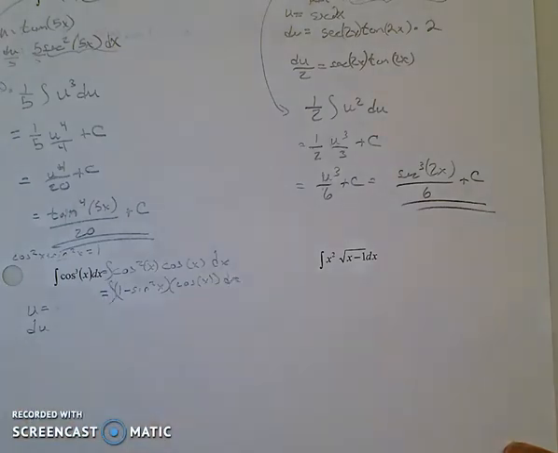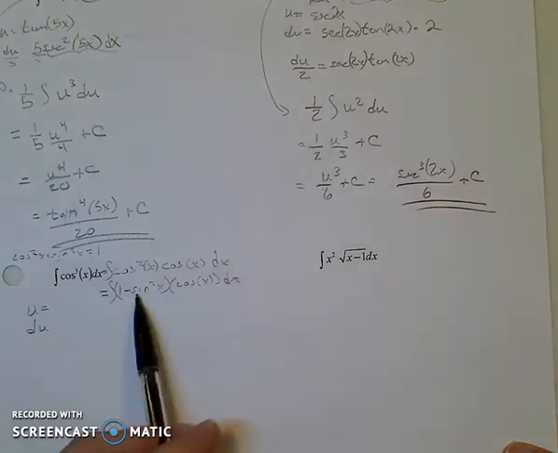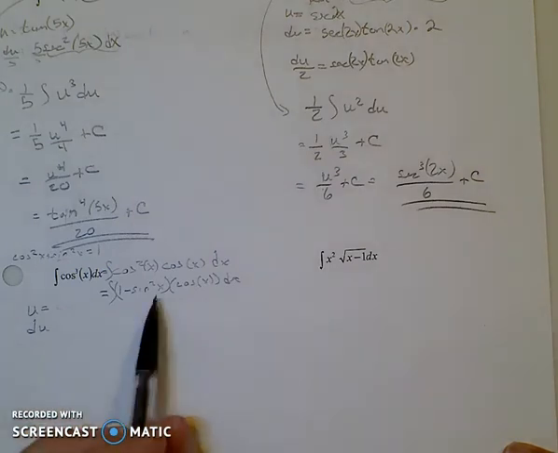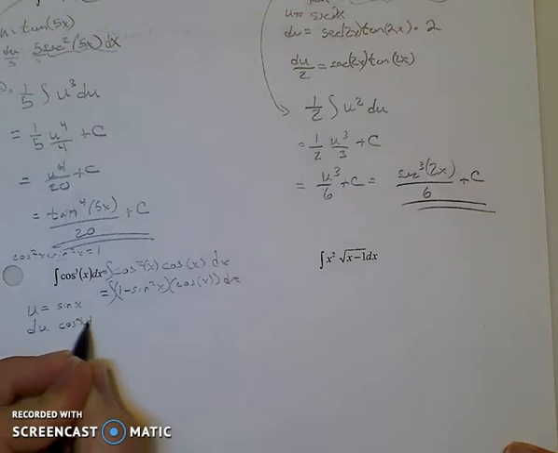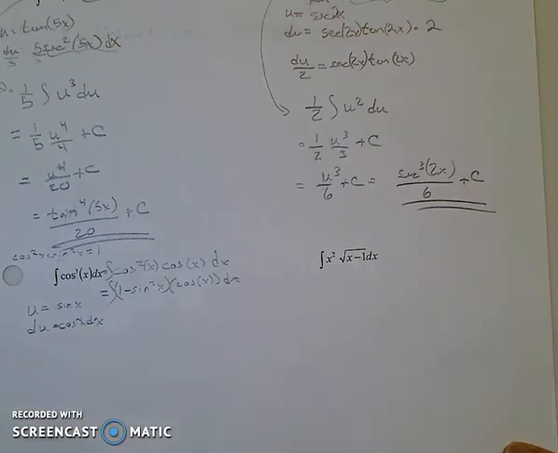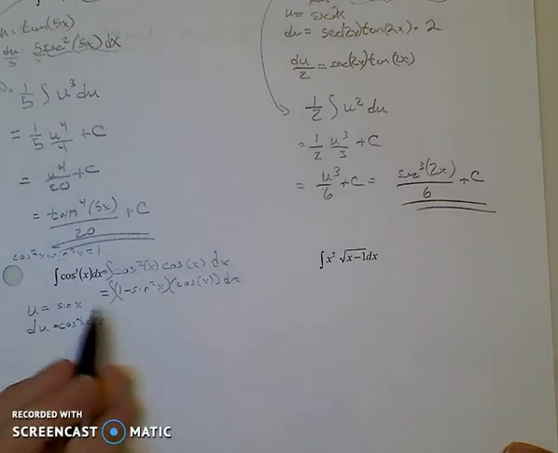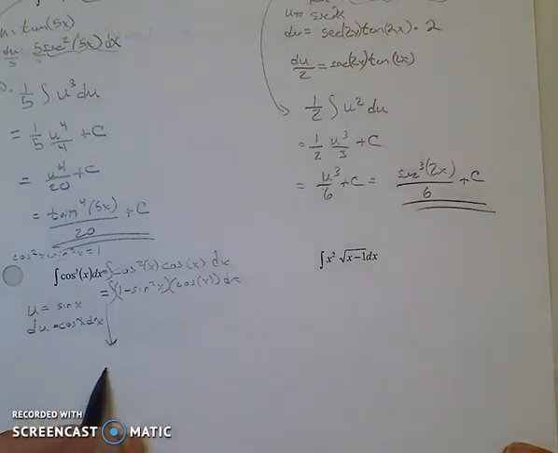And now we sit there and go, there's the cosine x and the sine x. What are we going to let u be then? In this case, we know that u has to be sine x instead of cosine x. And now that can make a little more sense. I'll bring that down here.